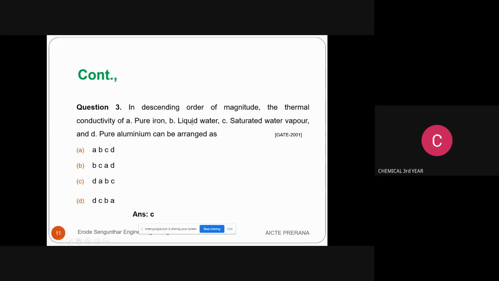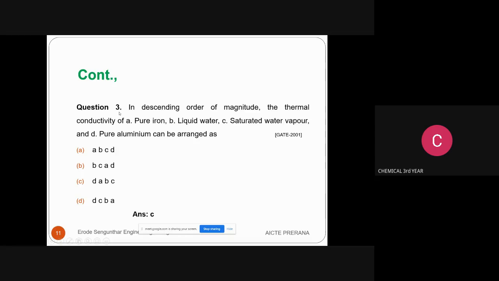The third one is liquid, the fourth is gaseous. If we map this, definitely option C is mapping: D, A, B, C, pure aluminium, pure iron, liquid water, and saturated water vapor. So the answer for question number 3 is option C.